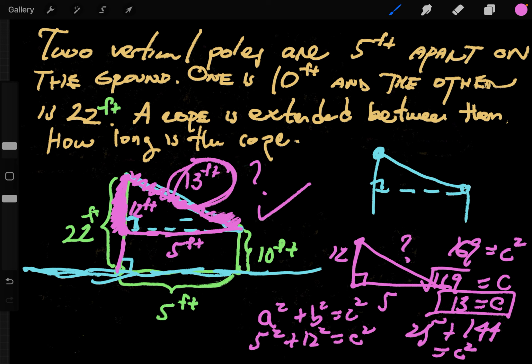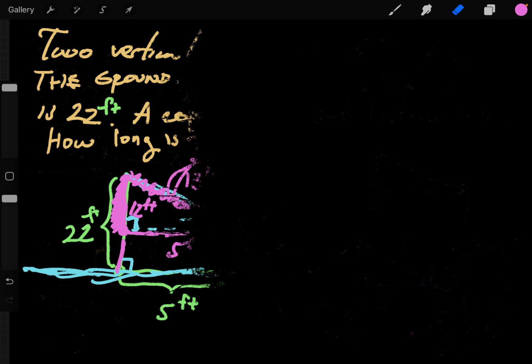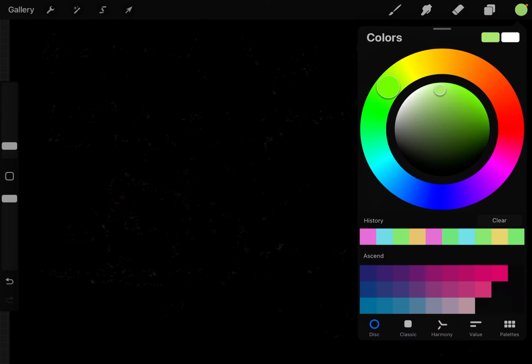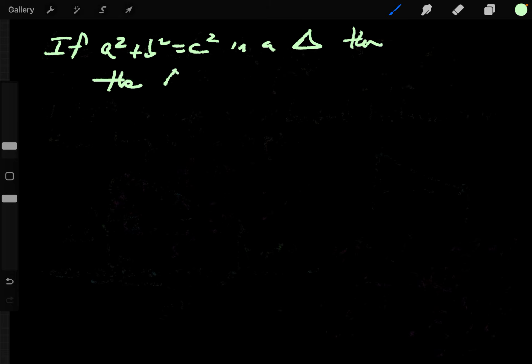The last thing is us using the converse theorem, right? So here, we've got to remember what the converse theorem states. The converse theorem states that if a squared plus b squared is equal to c squared in a triangle, then the triangle is a right triangle.